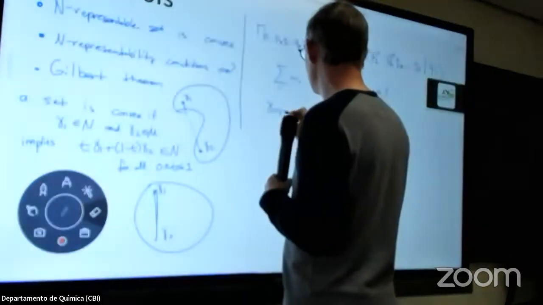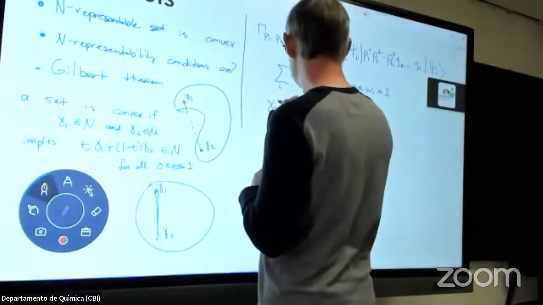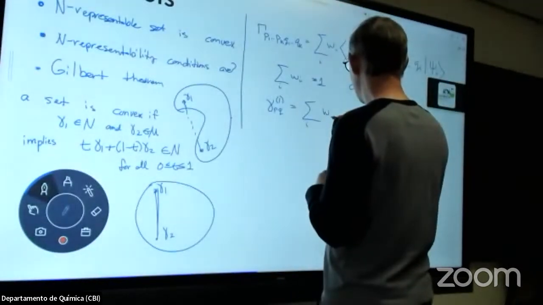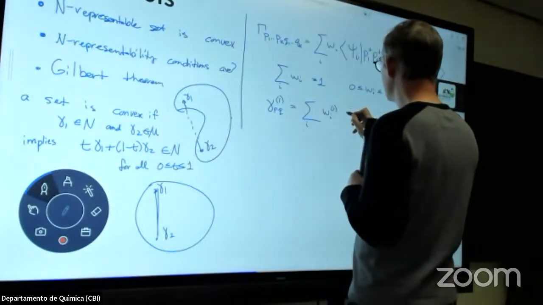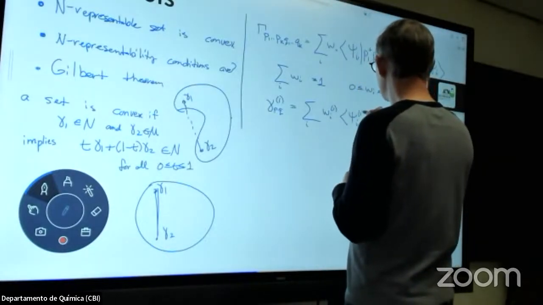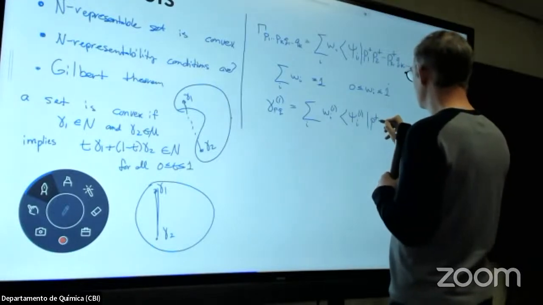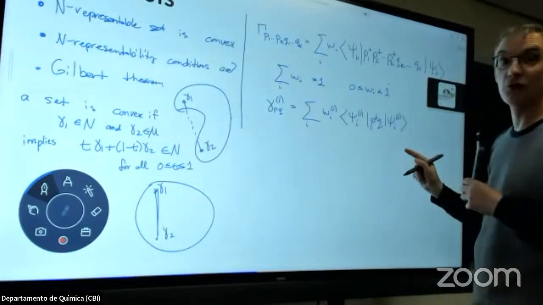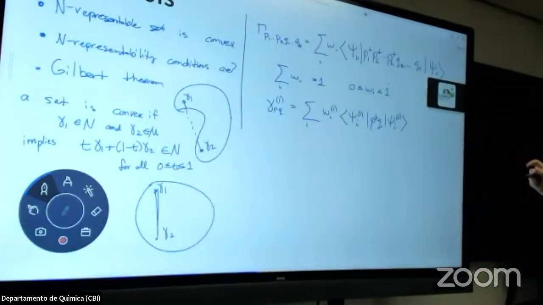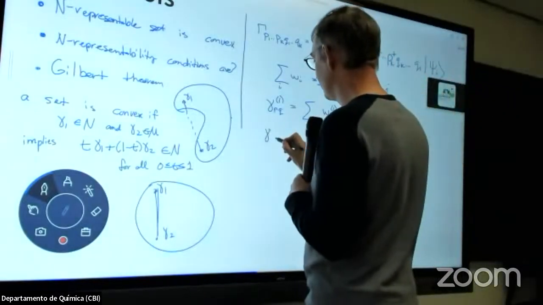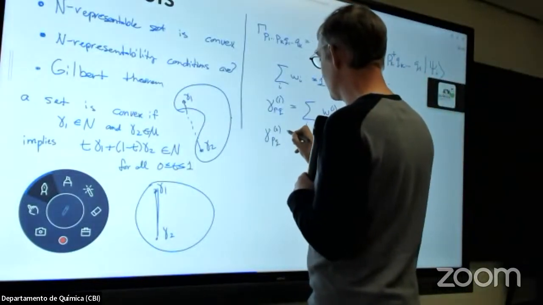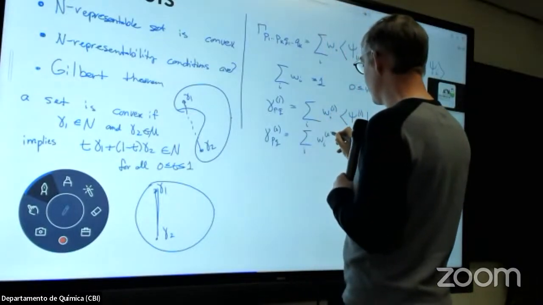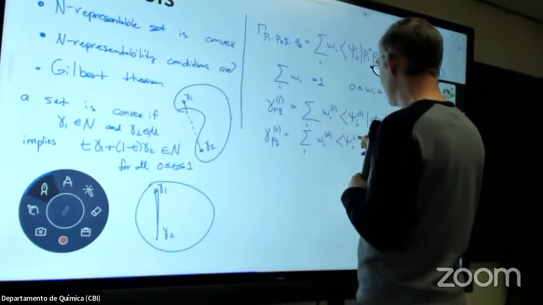We just write P and Q. Because I assumed that gamma 1 was irrepresentable. So it looks like this, right? And now gamma 2, also irrepresentable. It has different weights and different states.